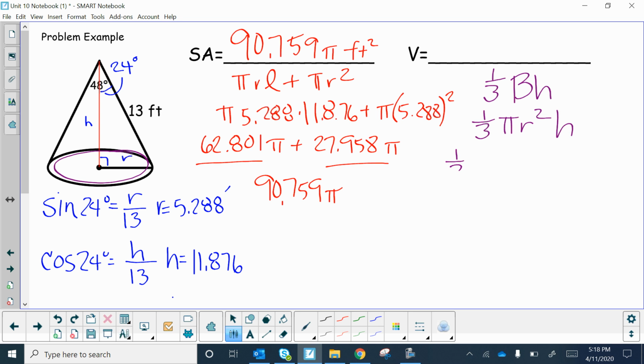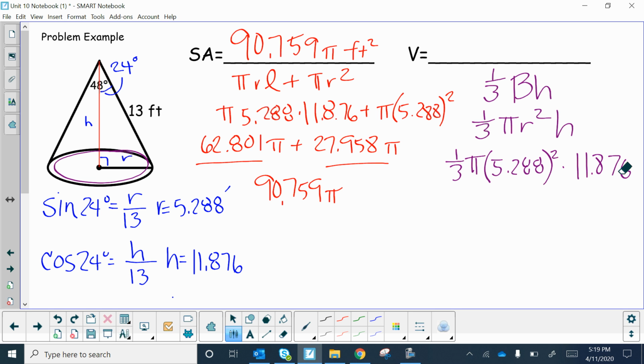So I'm going to go 1/3 pi times 5.288 squared times h, which is 11.876. Let me start plugging that into my calculator. Oh no, I messed up on my calculator.